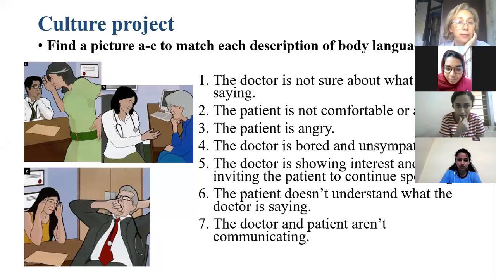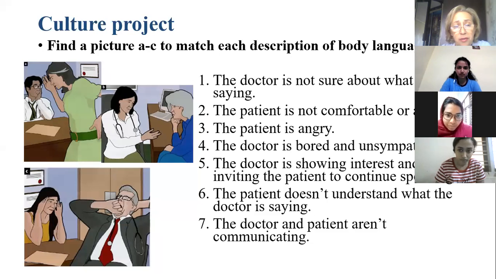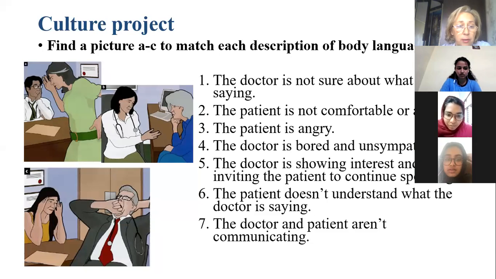B, are you sure? Does everyone agree? Ma'am, I think it's A, because the patient is unable to sit. Maybe A. Yes, ma'am, it's A. And I think also picture C. Yes, the person is just not comfortable.